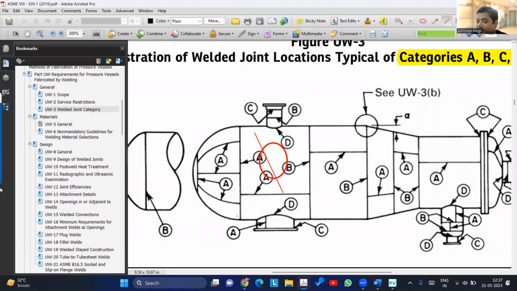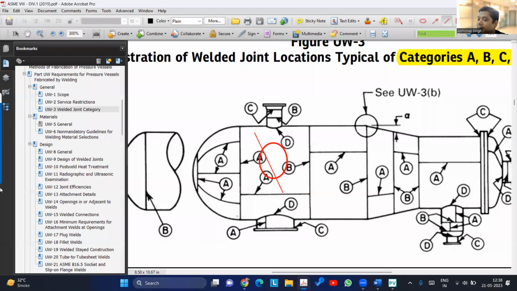Correct. So there was a joint of C kind. He was asking that this is a special nozzle, so I'm not aware whether it is C type or B type. So I asked him, what is the difference? What is your outcome from that? He said that if you decide it as a B, then I will need a PTC, and if you decide it as a C, then I don't need a PTC for that joint.